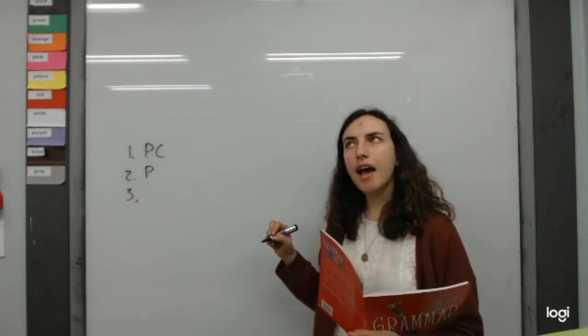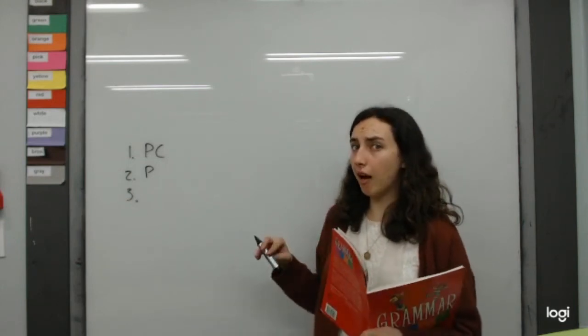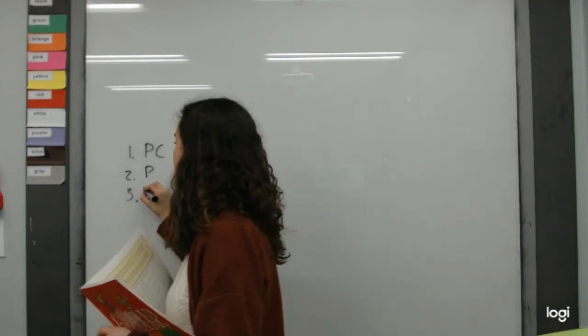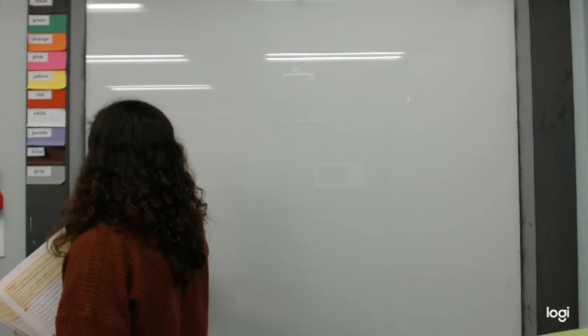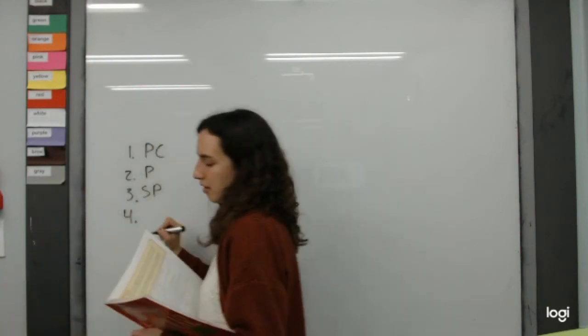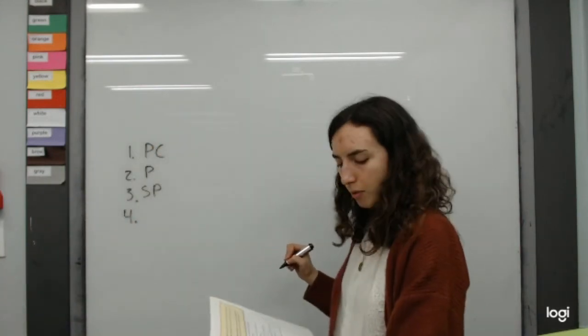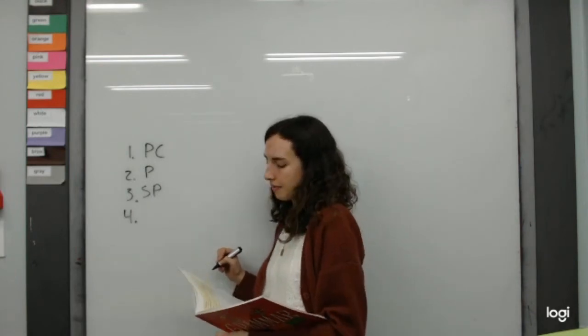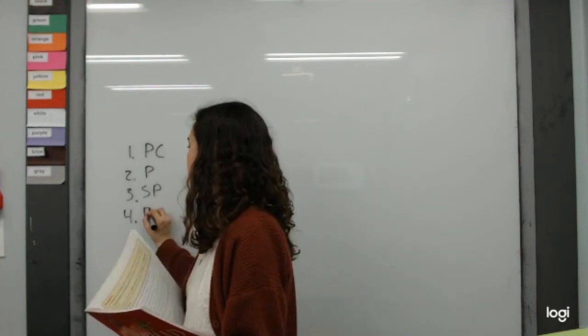Number 3, the animals were unhappy. Were. What time is were? Is were now? Were is finished. It is in the past. So we can say simple past. The next one. The whales are bigger than sharks. What is this? Are. Are is present tense.